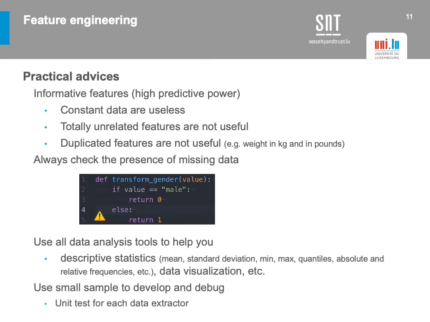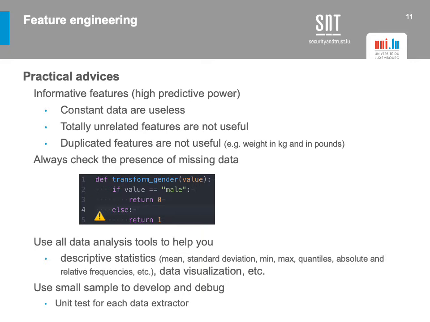For example, constant data is useless. If we take the example of email spam filtering, it's not useful to put one column corresponding to whether it's an email or not.